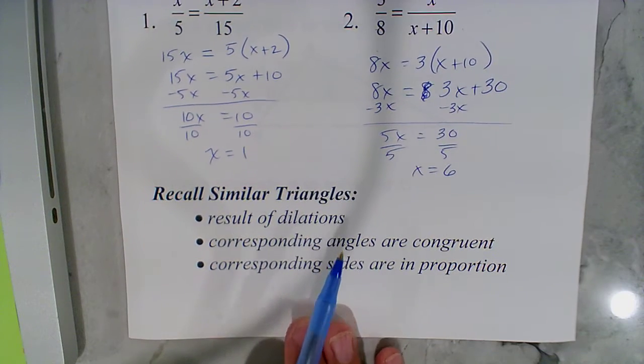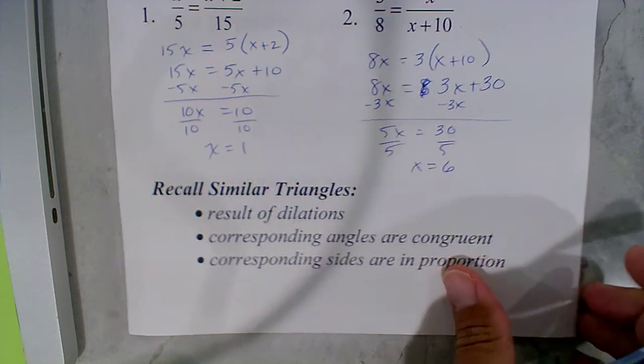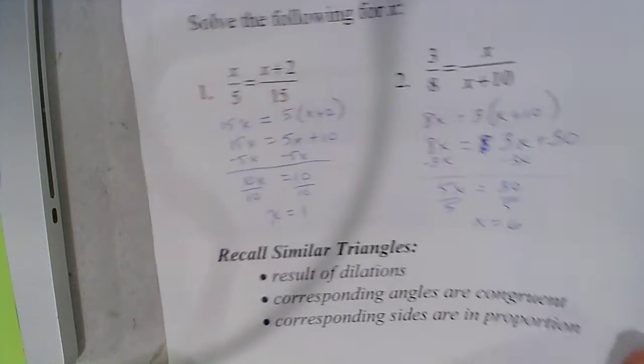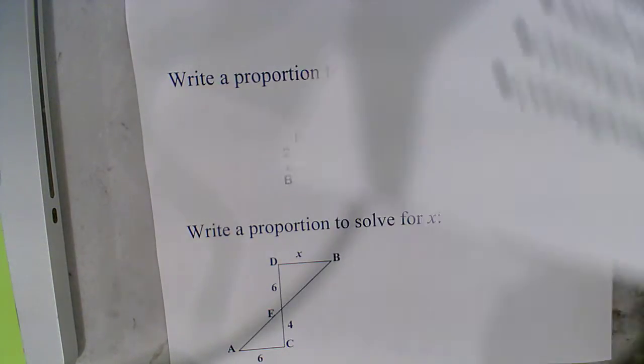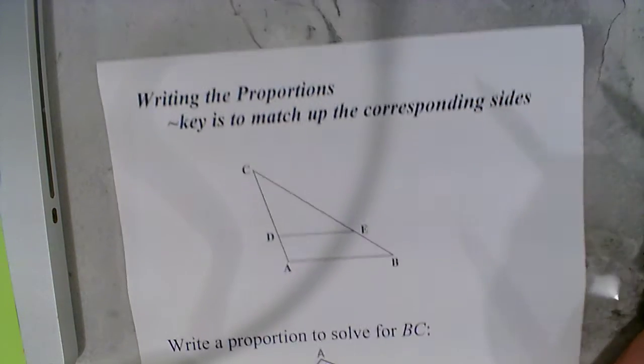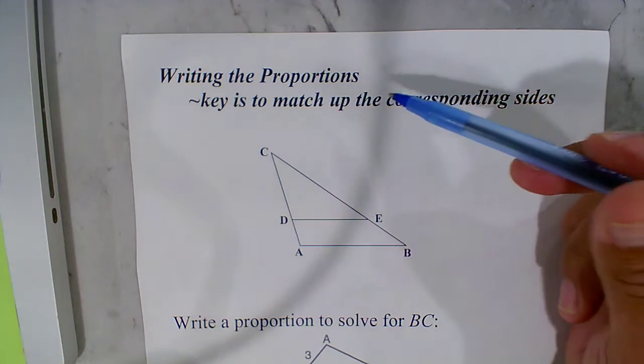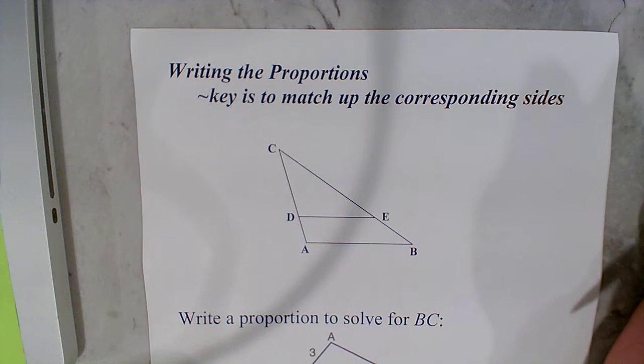The key is that the corresponding sides are going to be in proportion. So you're going to have to know how to write the proportion. That's the key. If you can look at it and write the proportion, then solving it's just like what we just did. So you're going to have to focus on matching up the corresponding sides.